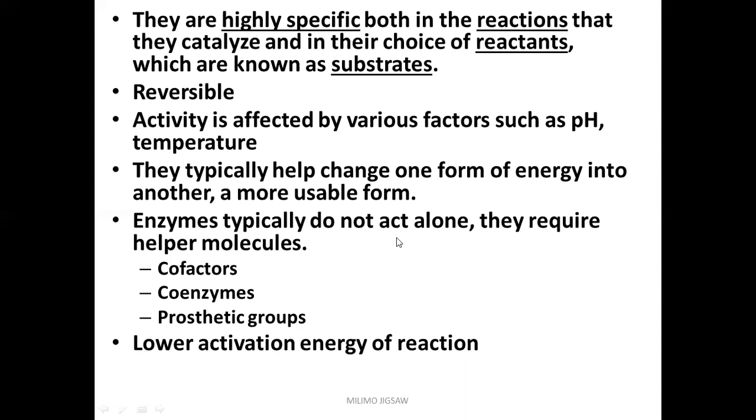Remember, there was a part showing free energy and the part showing activation energy. Enzymes are very important in that they lower the activation energy, which is the energy required to make the substance react. No wonder it becomes faster. However, we're going to explore more on this. So they lower the activation energy.